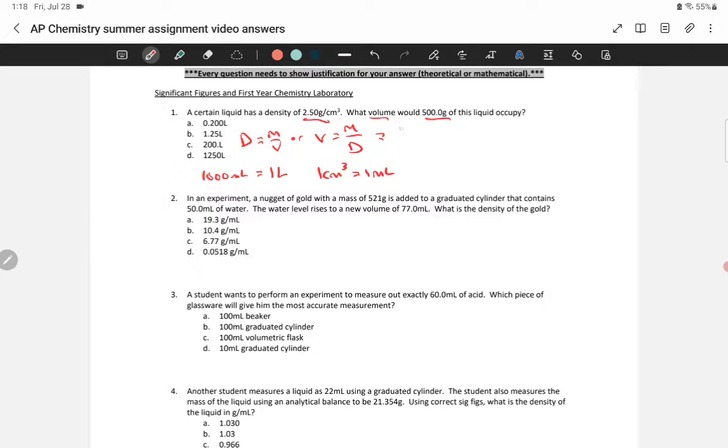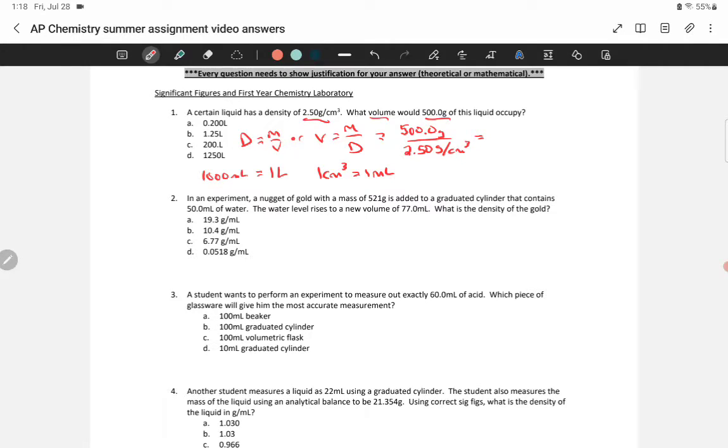So what do we have for mass? We have 500 grams. And then we also have a density of 2.50 grams per centimeter cubed.